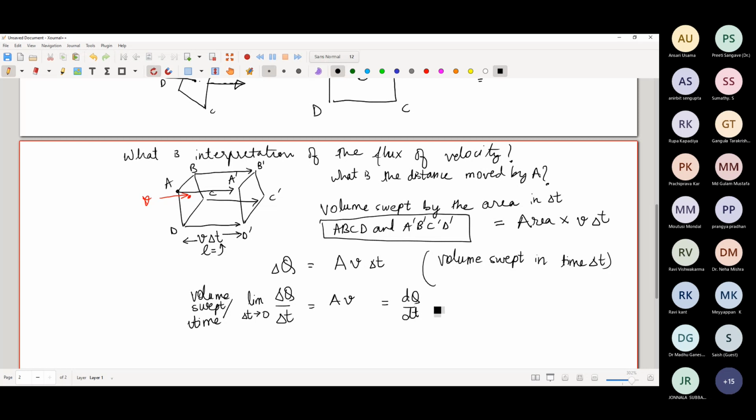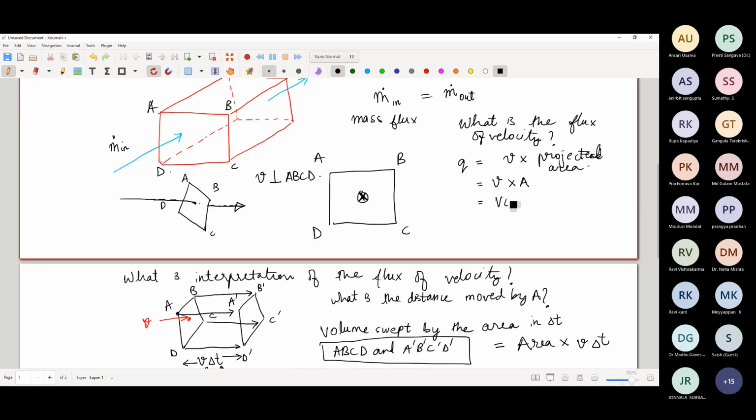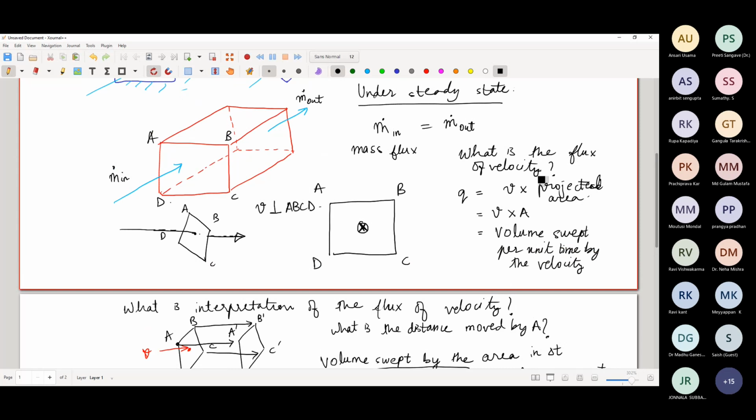It is the rate of volume being swept, so it is also called the volumetric flux.